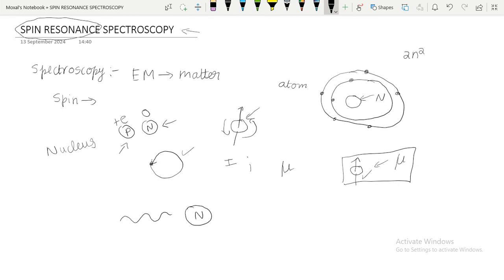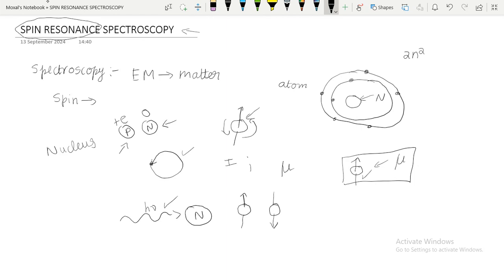Okay. So what we are studying here is the electromagnetic radiation, whenever it interacts with the nucleus. In the nucleus there might be a proton or neutron. In some conditions the spin interacts with the electromagnetic radiation and there can be flipping of this spin, and the energy will be absorbed by the particle.